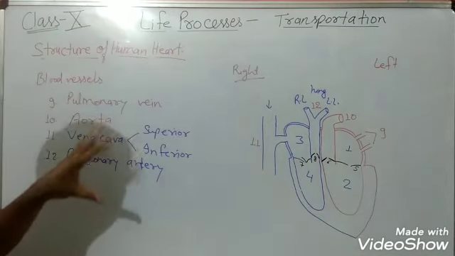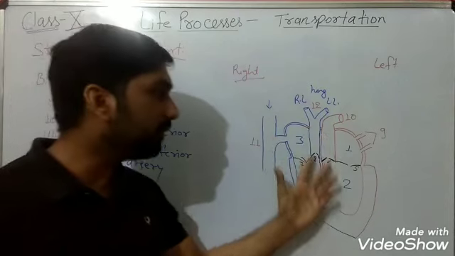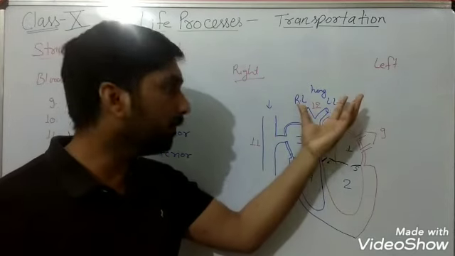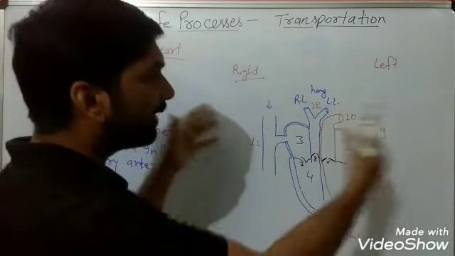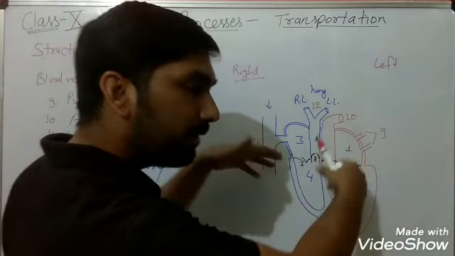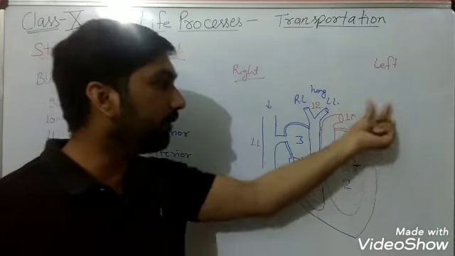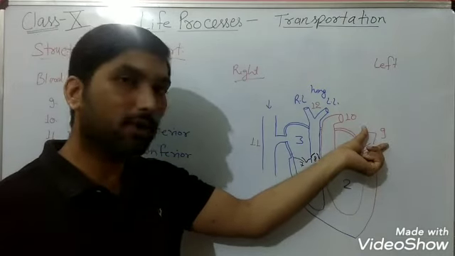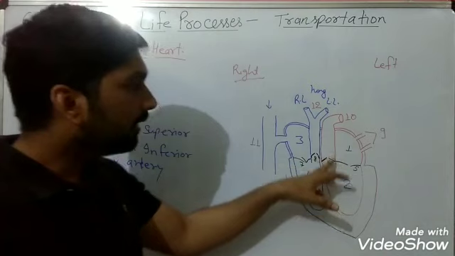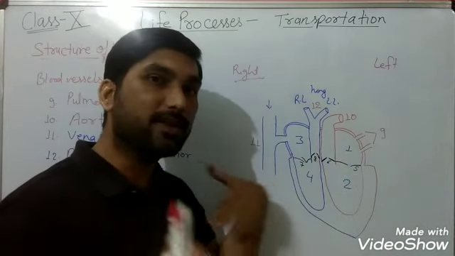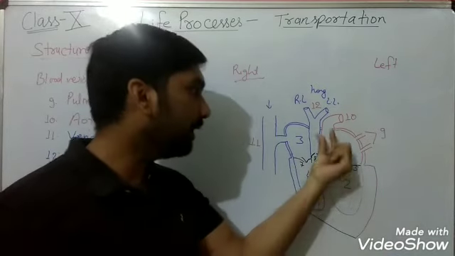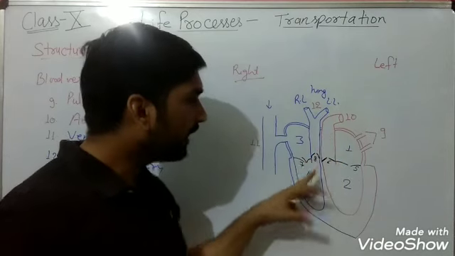So all of their functions are here. Arteries are the blood vessels going away from the heart, and veins are the blood vessels going towards the heart. This blood vessel is coming from the lungs, so it is known as the pulmonary vein. This is the main blood vessel going away from the heart, so it is known as the aorta.